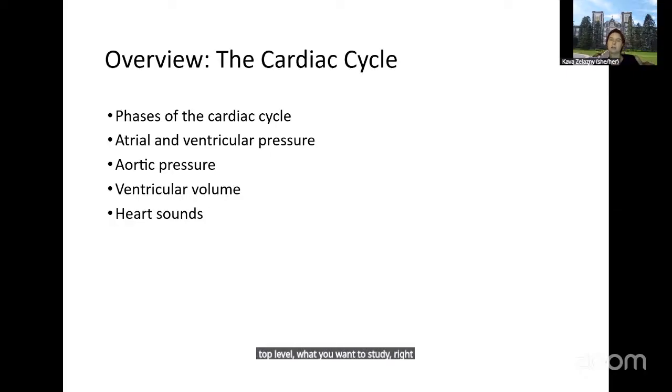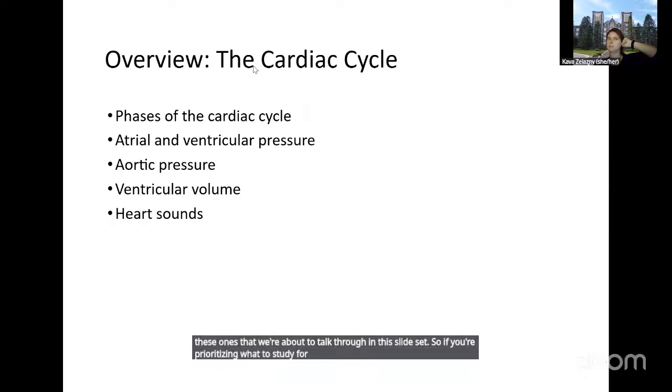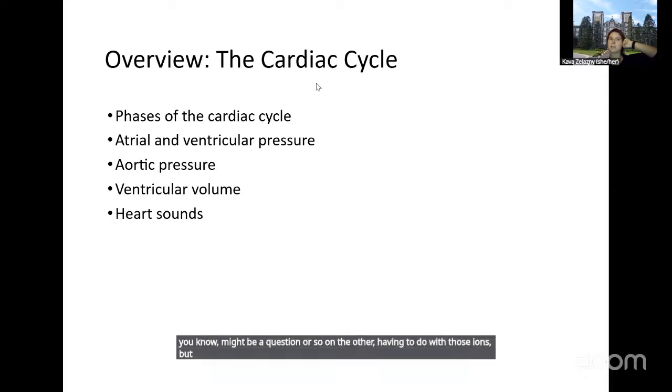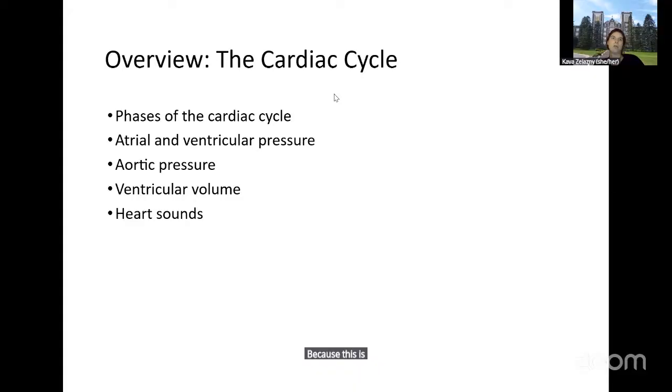The phases of the cardiac cycle are way more important, these ones that we're about to talk through in this slide set. So if you're prioritizing what to study for the exam, it's these phases. There might be a question or so on the other phases having to do with those ions, but there's definitely going to be a bunch of cardiac cycle stuff because this is how you get blood going to your body.